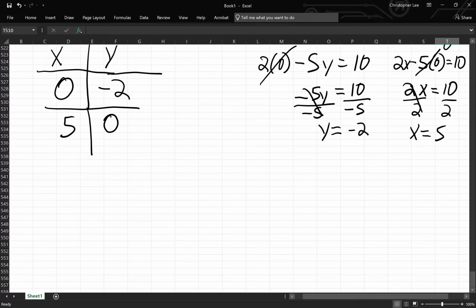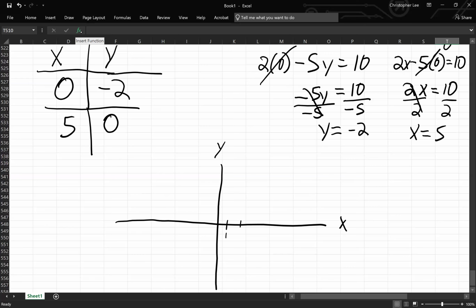So from these 2 points, I can actually graph this line. Let's say I have an XY plane here. So we're gonna have what? 1, 2, 3, 4, 5. 1, 2, 3, 4, 5.